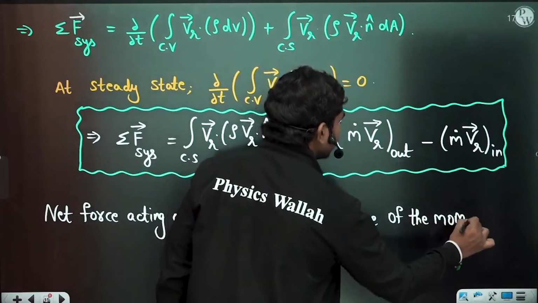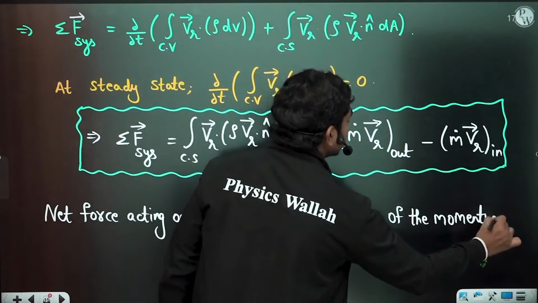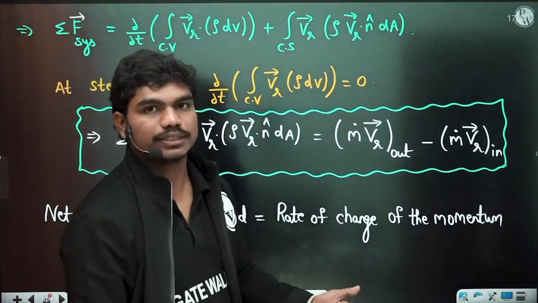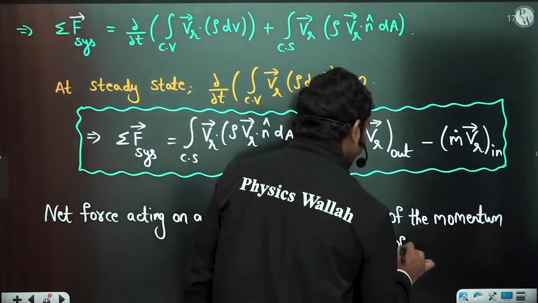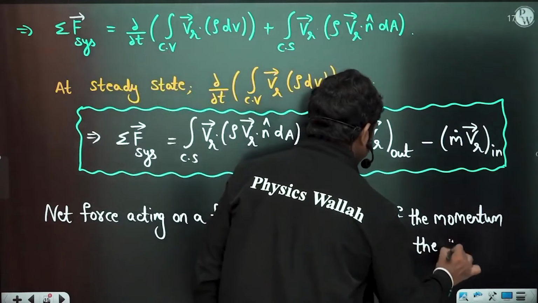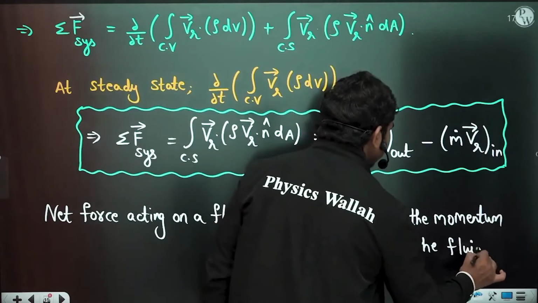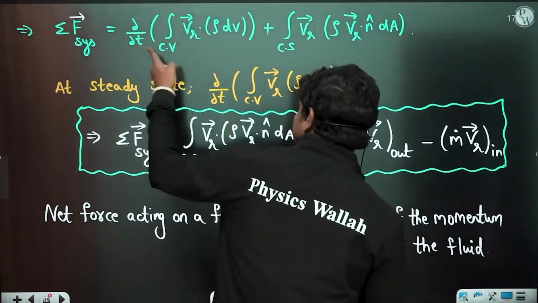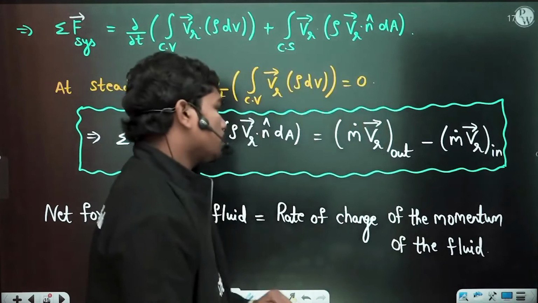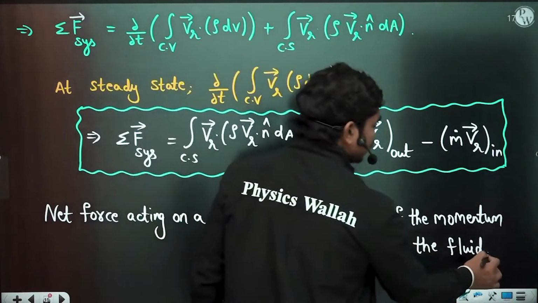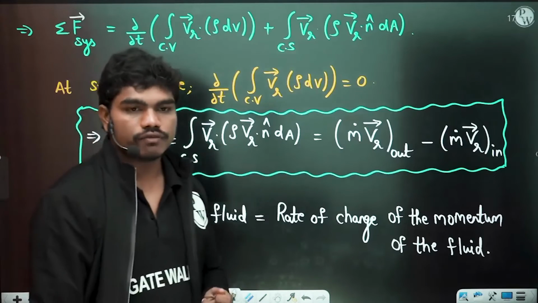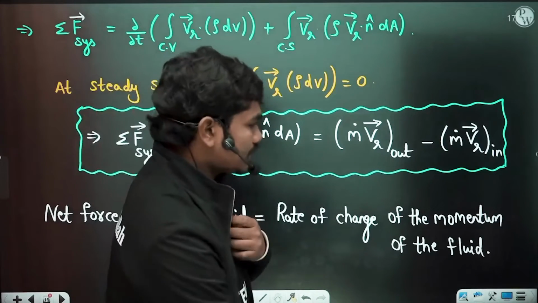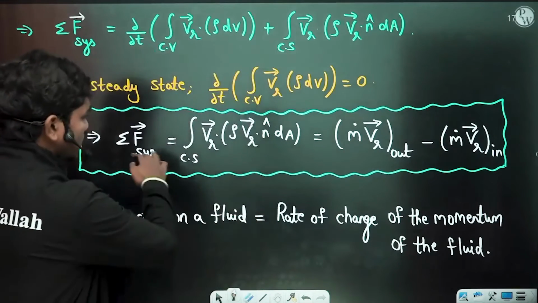This is important, which I told you yesterday, that we have seen from the Reynolds Transport Theorem, but provided it is under steady state. Otherwise, this term will also have some importance here. Right now, in general at GATE level, we deal with only steady state systems. So the rate of change of the momentum of the fluid is what we have. Clear?